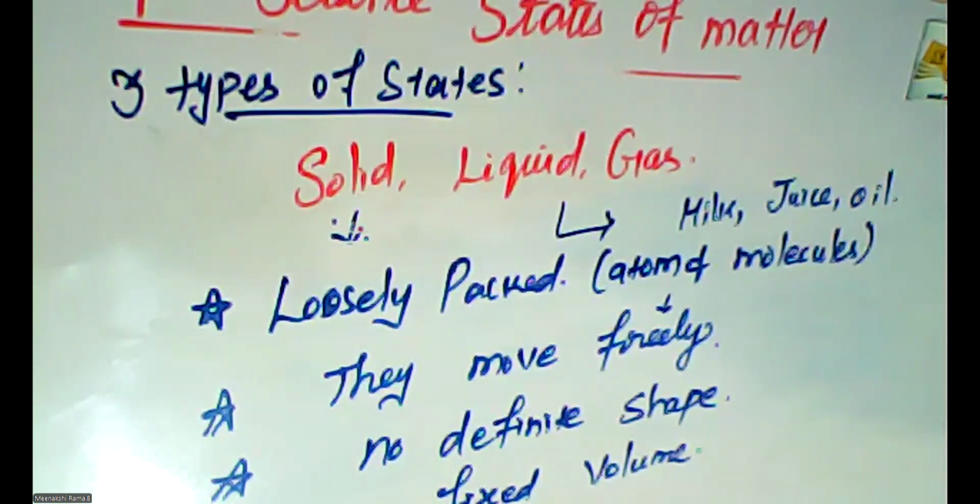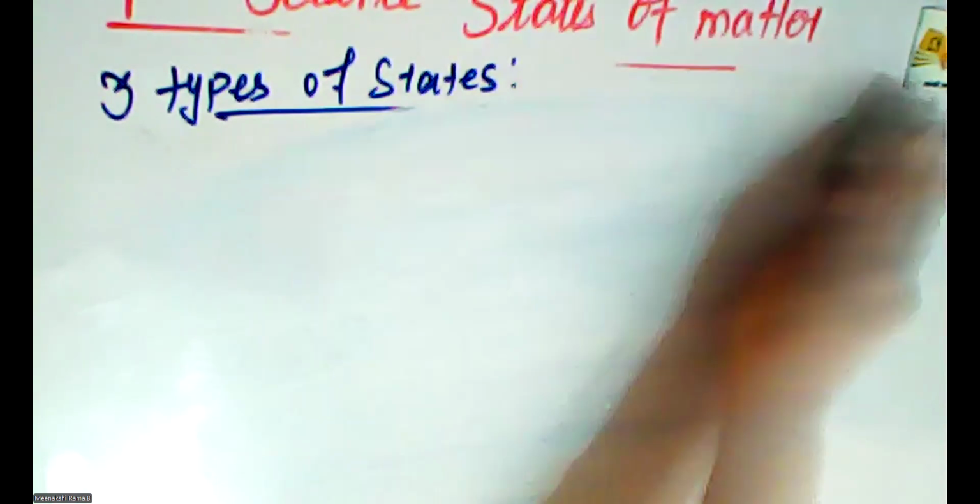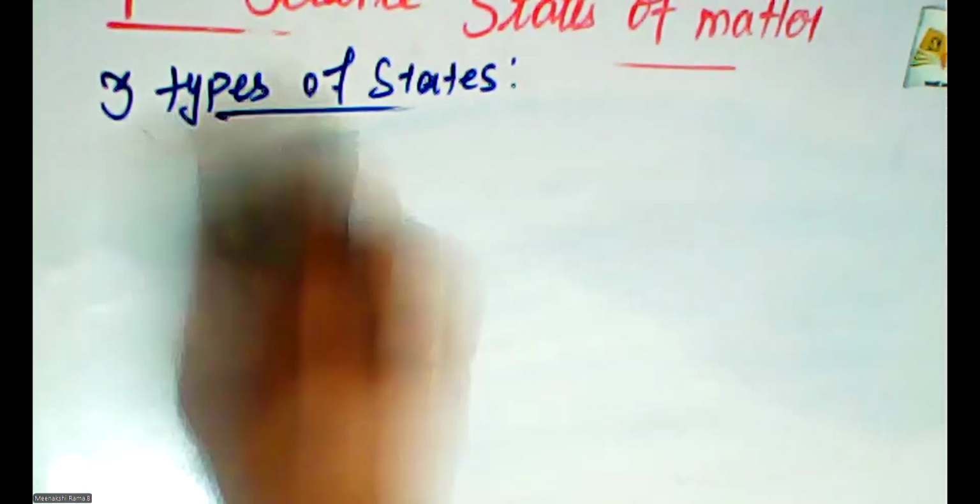So these are all the liquid state material properties. Okay, so the next one is gas. This is also the last state. There are three states: one is solid, then liquid, and the third one is gaseous. It's also an important state. Gas.